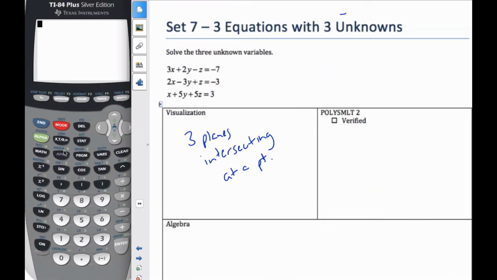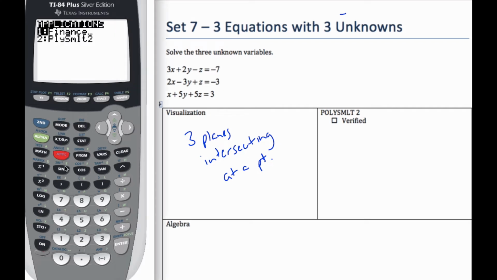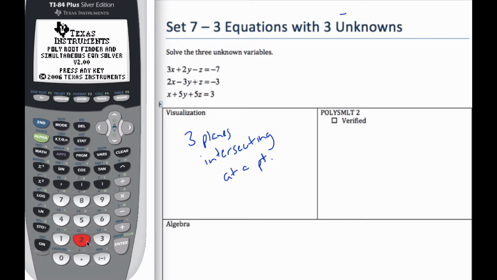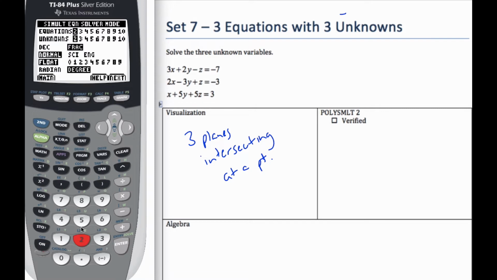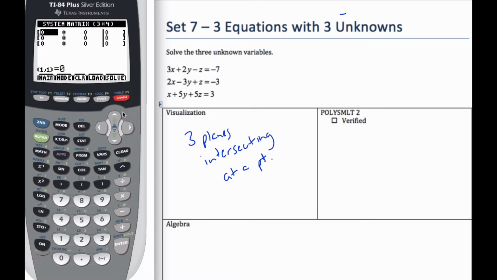If I go to my calculator, it's going to do it for me. I'm going to go to apps, and I'm going to go to PolySimultaneous 2. And then I'm going to go to simultaneous equation solver, which is number 2. But today I have three equations, and I have three unknowns. And so then I'm going to go to next by hitting graph.